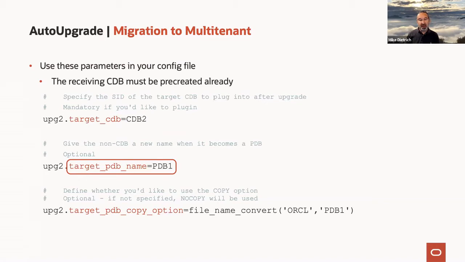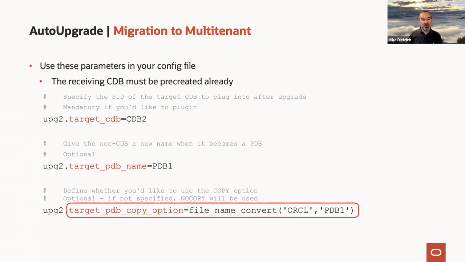And the last one is optional as well, because by default, we use no copy, meaning the PDB stays in place. But if you say, oh, this is insecure and I want the fallback, then you use the target PDB copy option. And on the blog, you also find a lot of explanations on how to deal with this parameter. And I see that the second equals sign is missing. So after file name convert, there should be an equals sign and then the dashes and brackets.